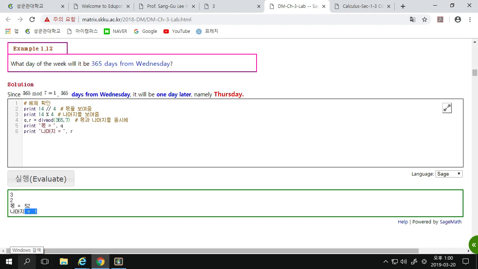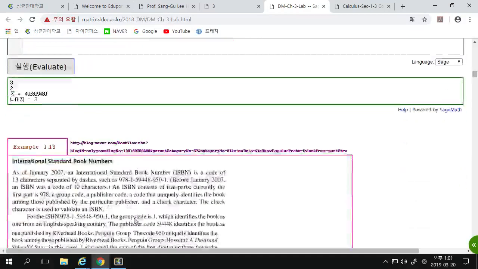Okay, so today is Wednesday, and one more is going to be Thursday. So 365 mod 7, the remainder is 1. So 365 days from Wednesday, it will be 1 day later, which is a Thursday. If it's a different number of days after, then what will be the answer? It's going to be a Monday.